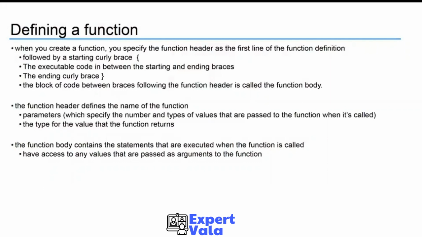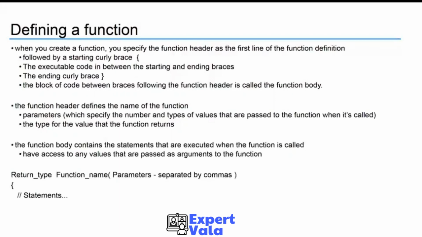We are just going to talk about creating a simple function. The function body contains just regular code, and that code gets executed when you call or invoke the function. The function body itself will have access to any values that are passed as arguments. So the data that you pass to it, you can utilize inside the body of the function.